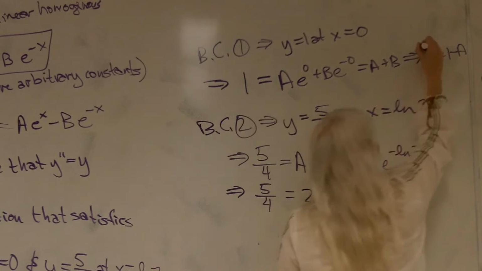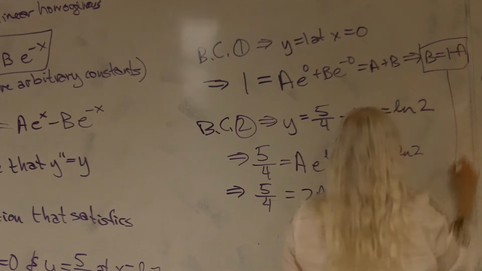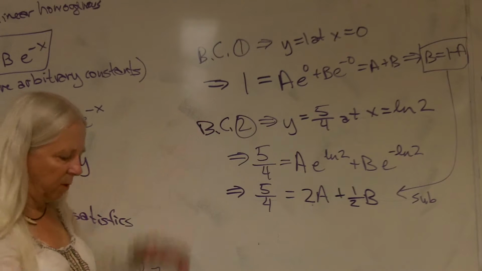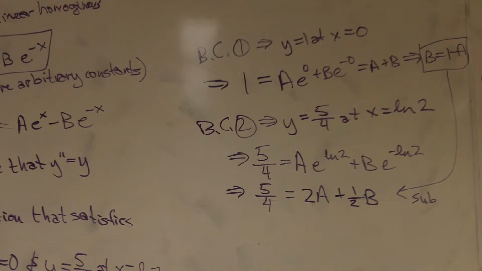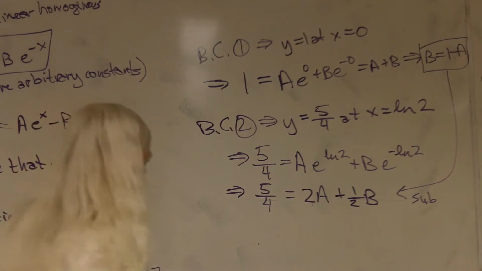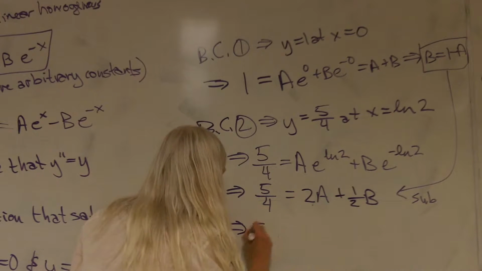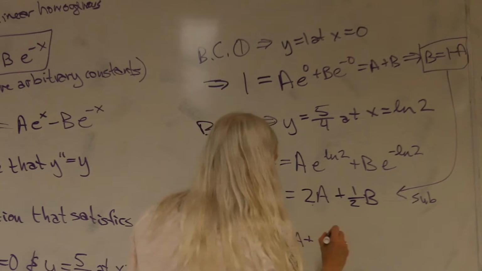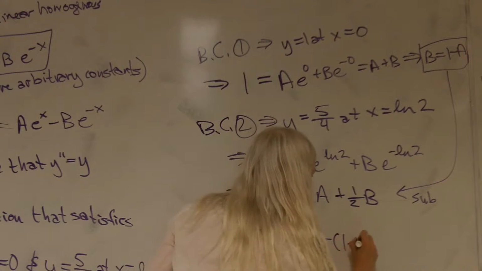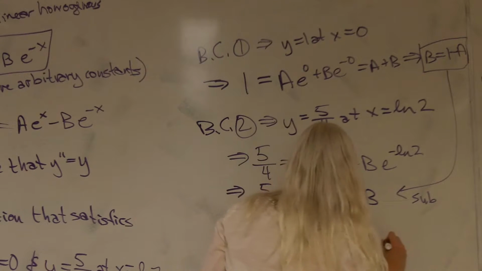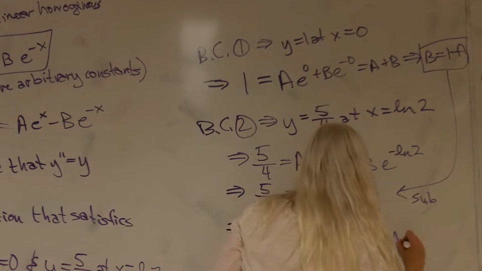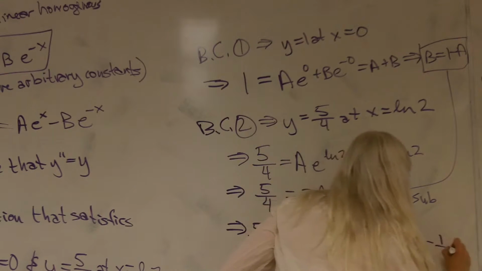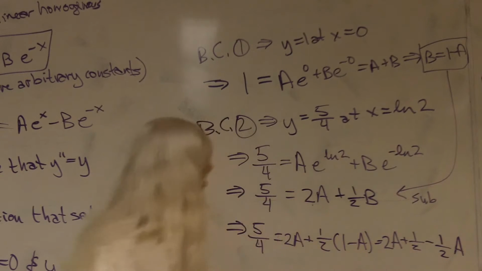Let's substitute b equals 1 minus a, which we got from the first boundary condition, into here. So then we have 5/4 equals 2a plus 1/2 times (1 minus a), or in other words 2a plus 1/2 minus 1/2 a.